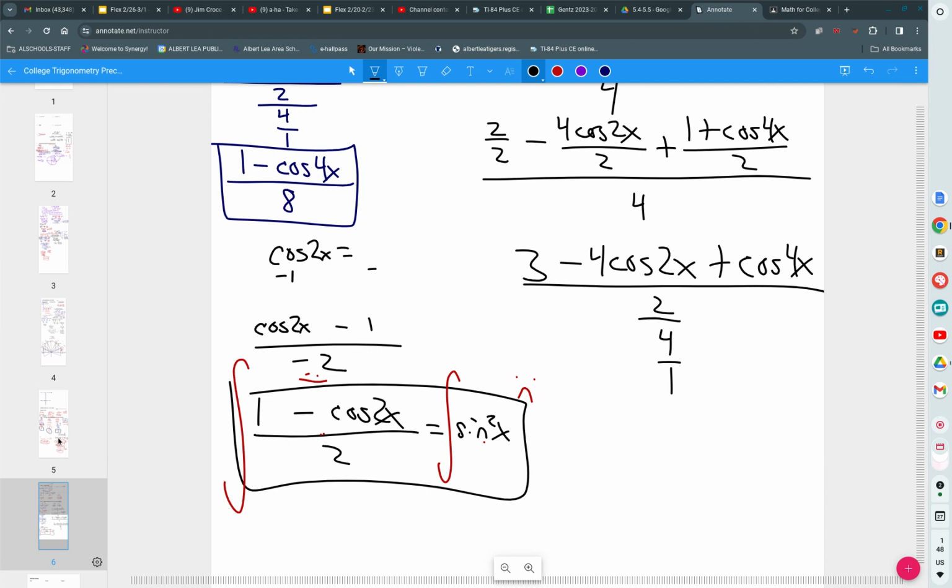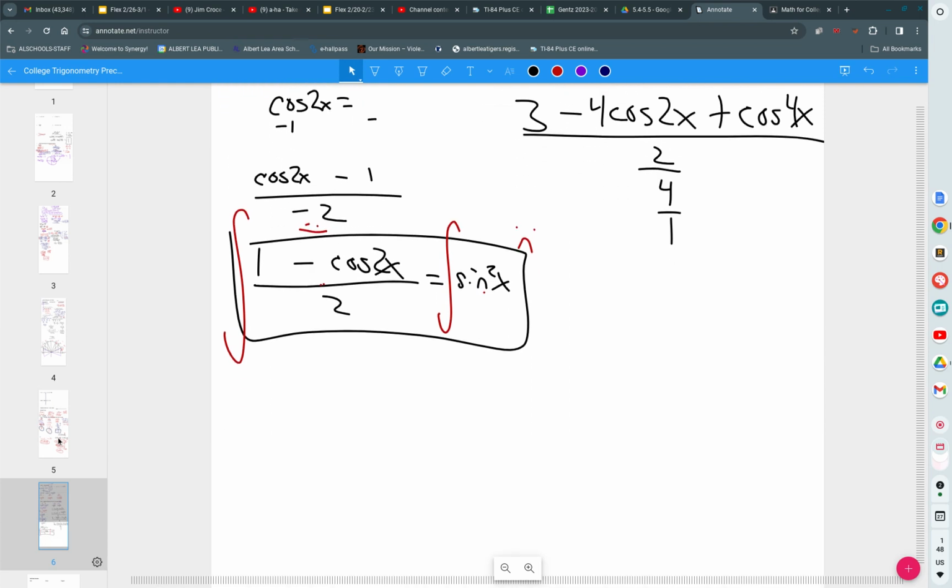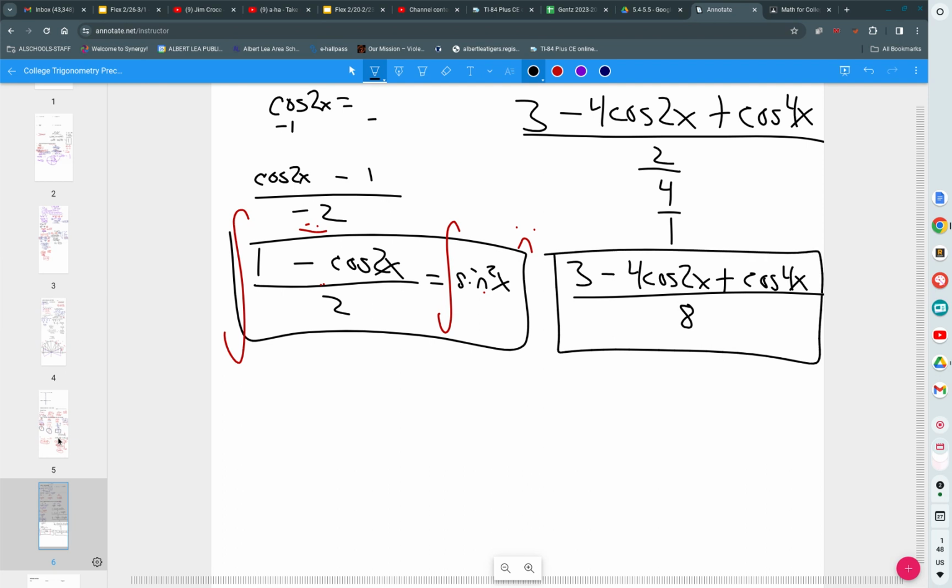My last step is to multiply by my reciprocal. And as you multiply by that reciprocal, we get 3 minus 4 cosine of 2x plus cosine of 4x, and this will be all over 8. And that, my friends, is your result.